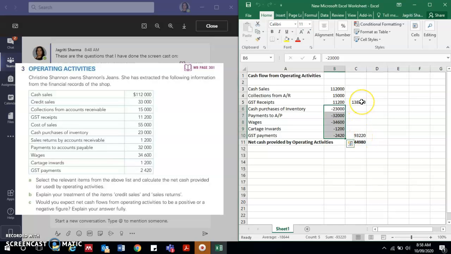Okay, I'm going to subtract it. I can't put the minus sign in here, there's something wrong with my Excel. So $138,200 minus $93,200, and this is my net cash provided by operating activities. Okay, so this is the answer to this question.